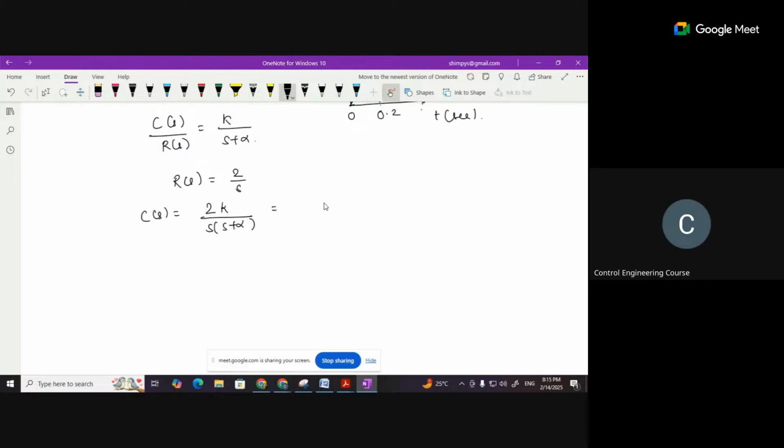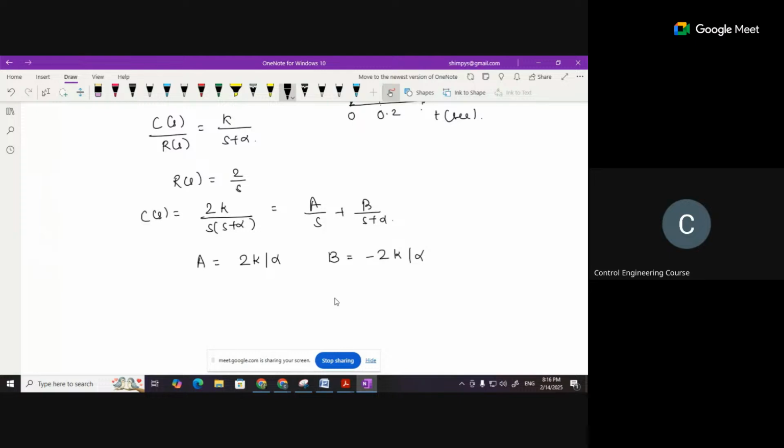I can write this as A by s plus B by (s plus alpha). On solving this, I'll get A as 2K by alpha and B as minus 2K by alpha.